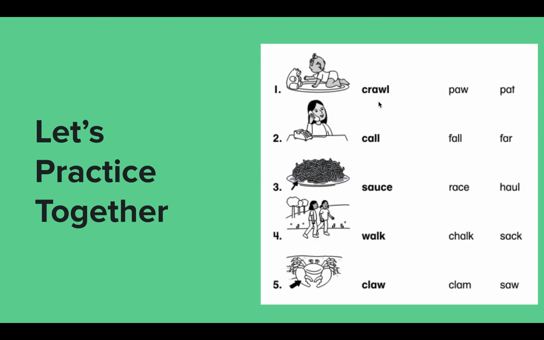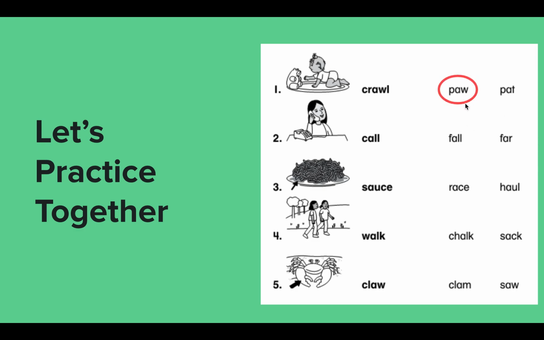Let's practice some together. We're going to read the word that shows the picture and then circle which word will be the same sound. The first word is crawl. What word has the same sound as crawl? Is it paw or pat? That's right.